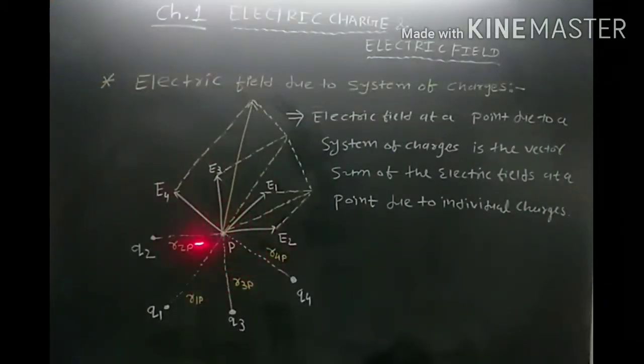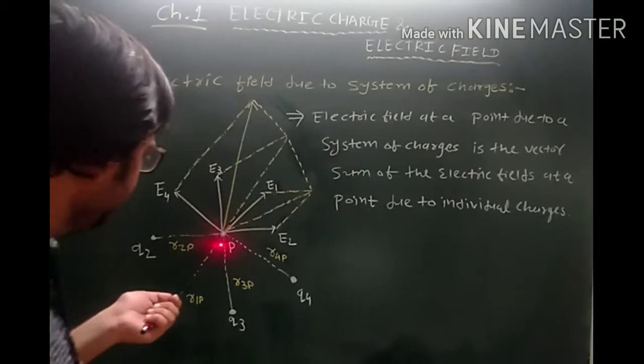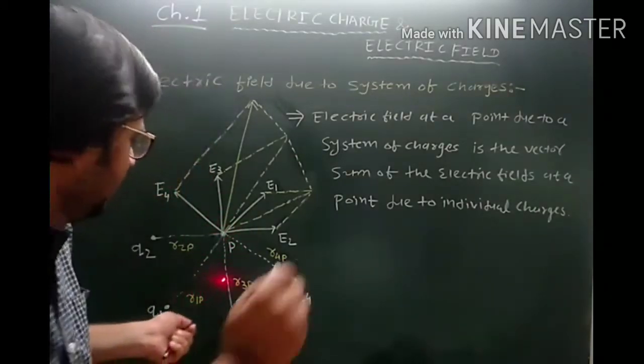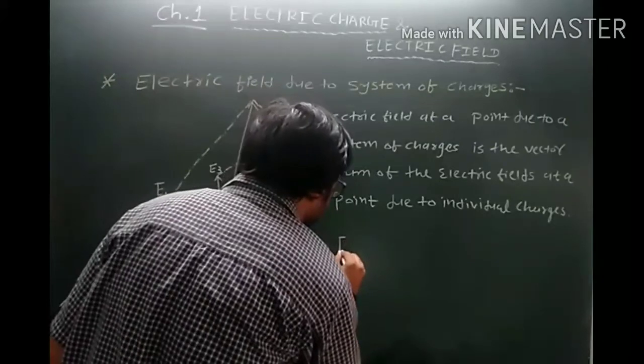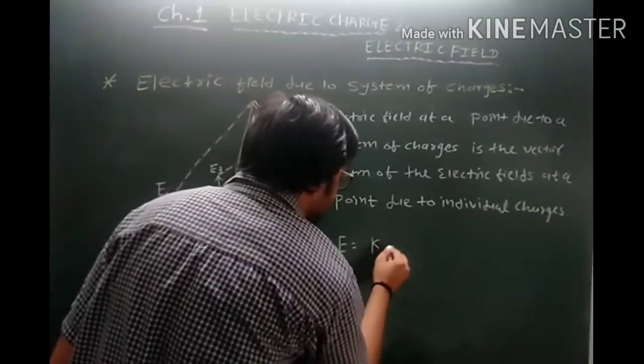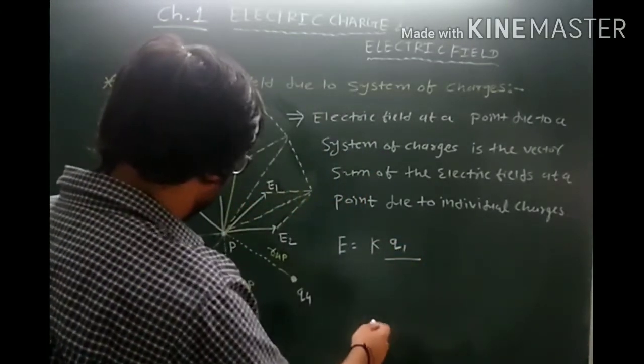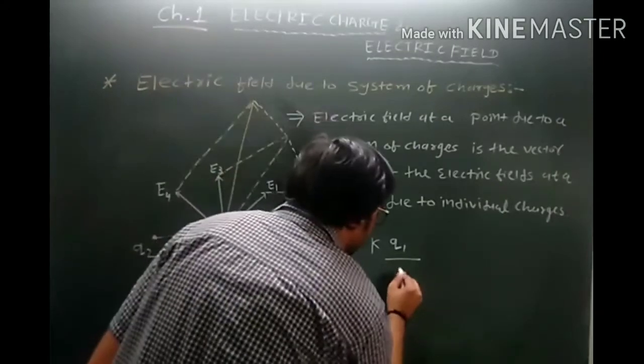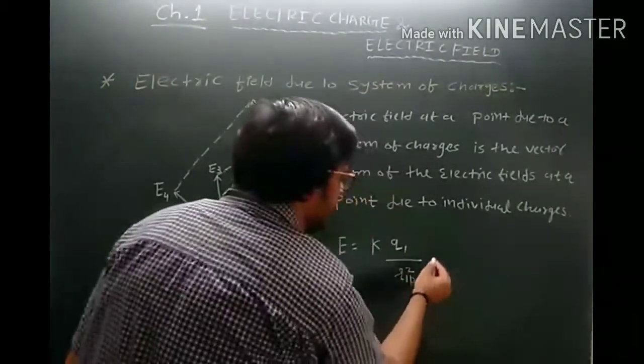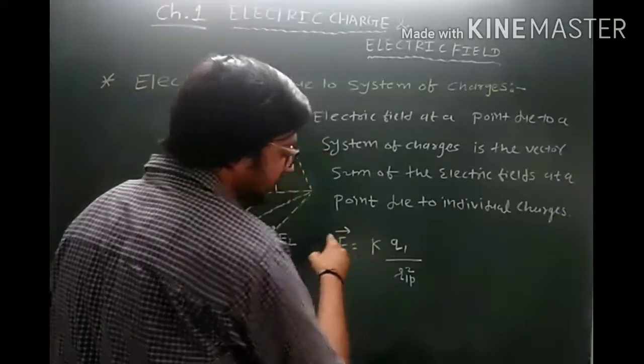Here, to find the electric field at point P due to the individual charges, we use the law of parallelogram. Now the electric field at point P due to charge Q1 is given by this equation, E is equal to K Q1 upon R1P square, and we define electric field in vector form.